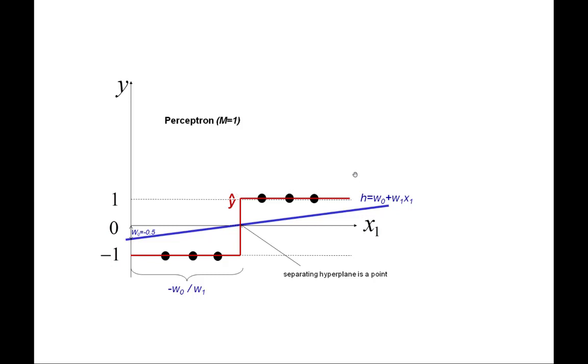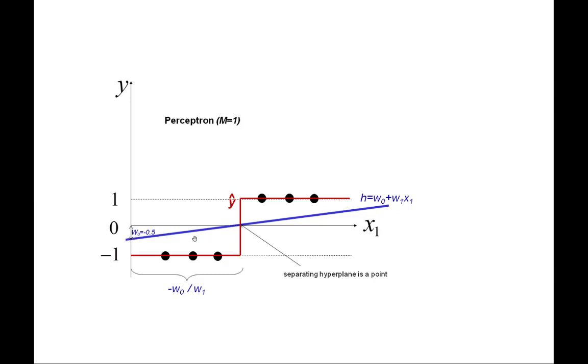The function here is w0 plus w1 x1, so that's only one real input. If you input 0, then h is simply w0, so in this case, it's negative.